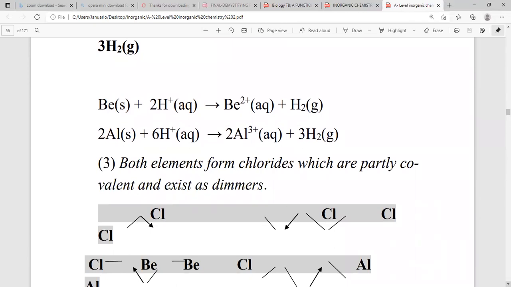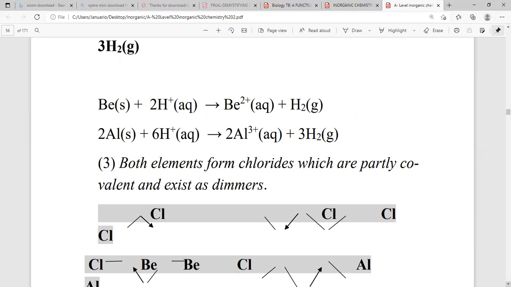With acids, these give us the corresponding salts of those acids, and hydrogen gas is liberated. So you can get beryllium plus hydrogen ions aqueous. You get beryllium 2 plus ions in aqueous, and then you have hydrogen.